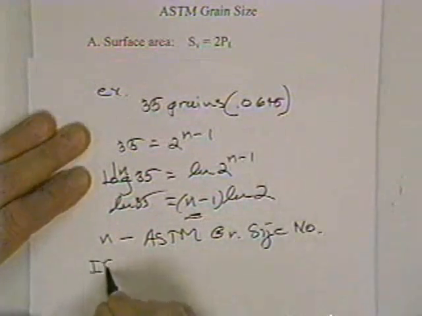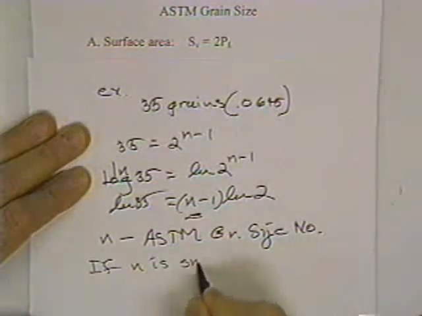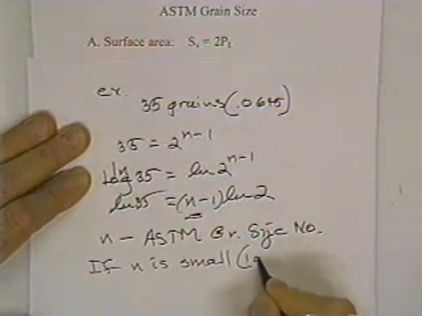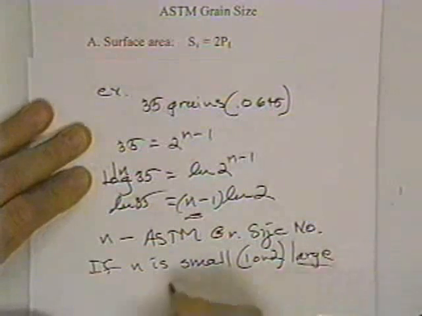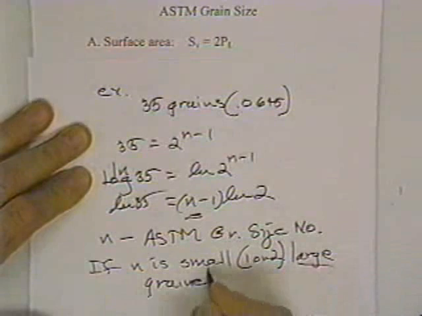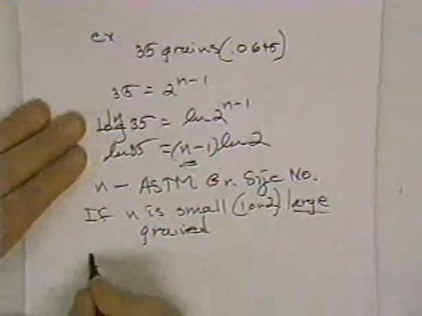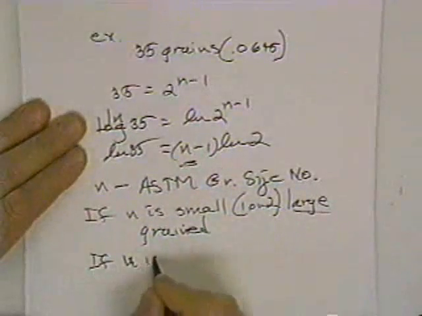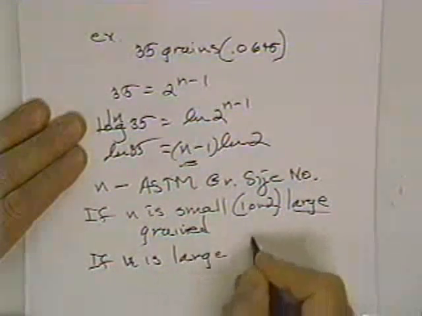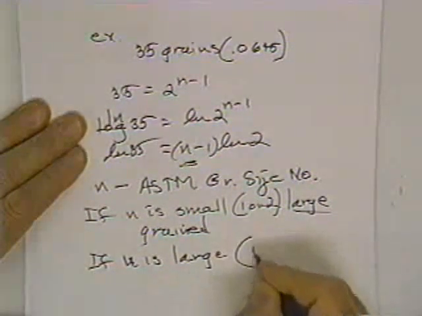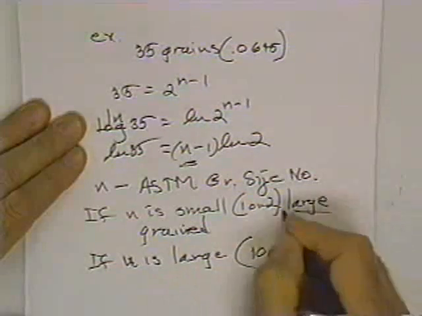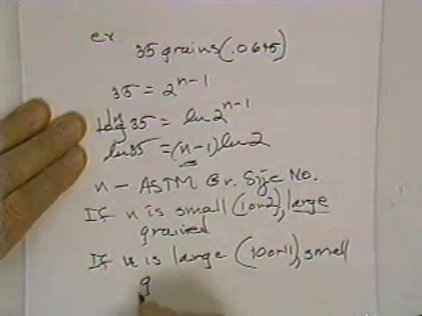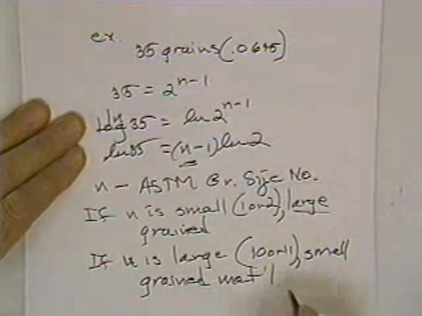Now, if n is small, 1 or 2, that's large grains. If n is large, and large would be 10 or 11, that is small grained material.